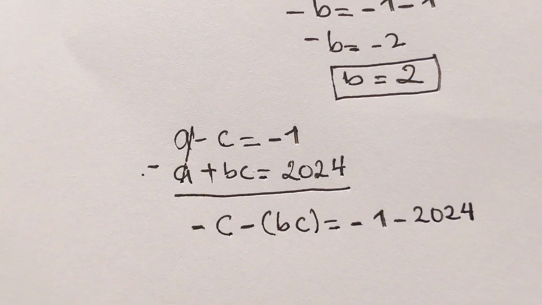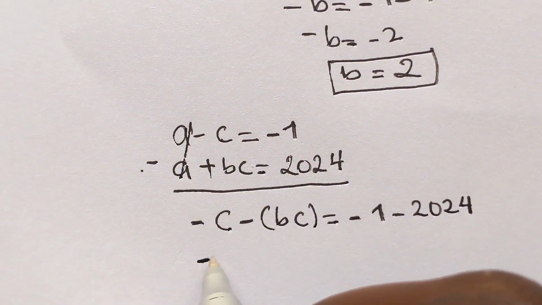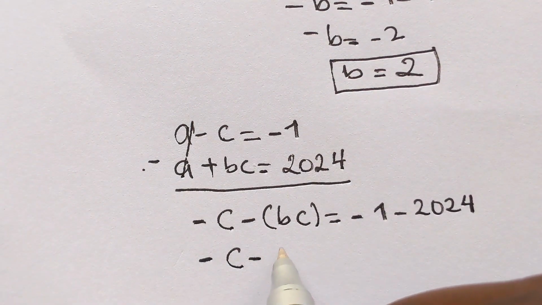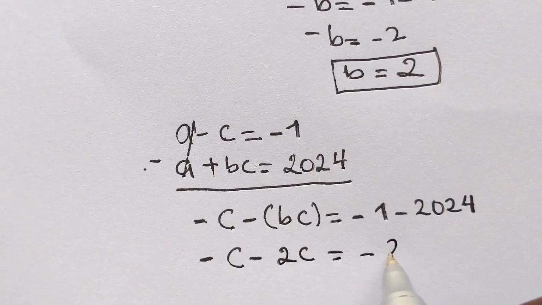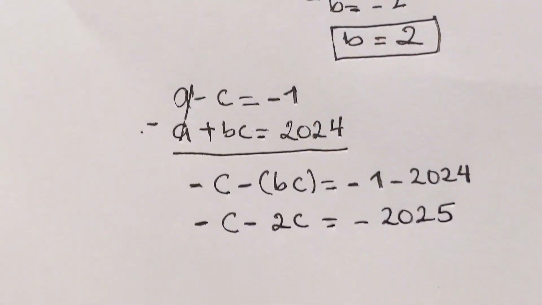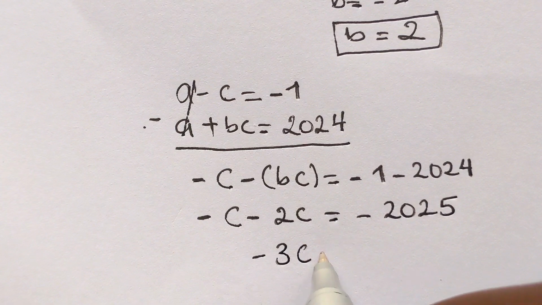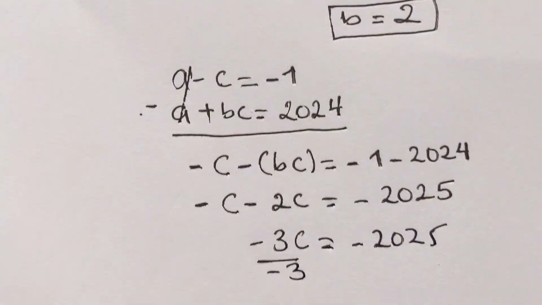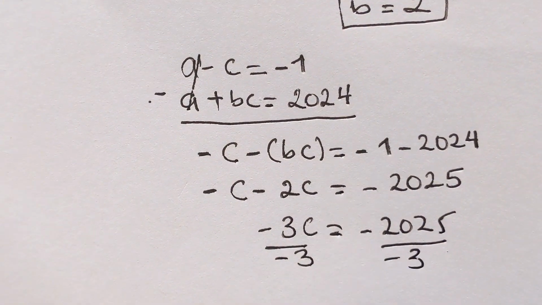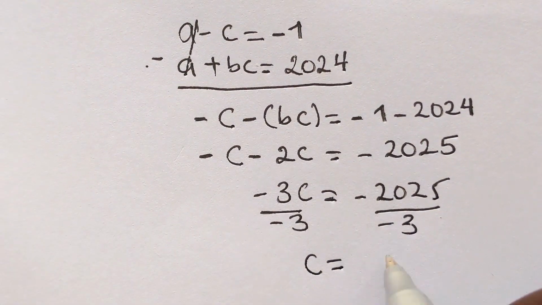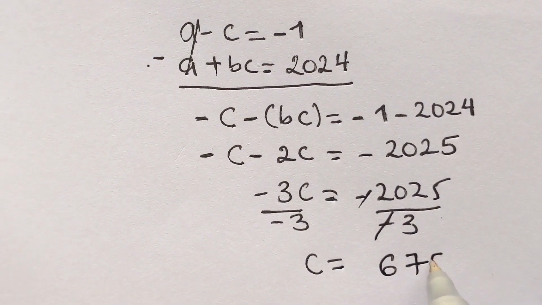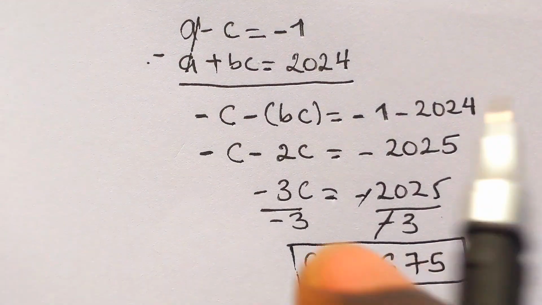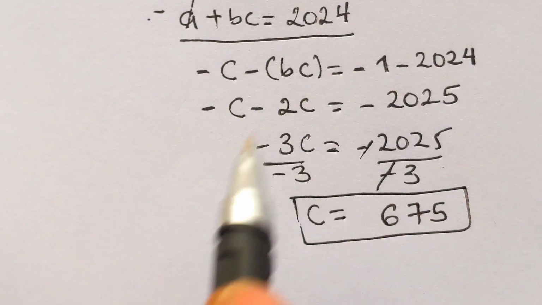With b equal to 2, we have negative c minus 2c equals negative 2025. So negative 3c equals negative 2025, and dividing by negative 3, c equals 675.